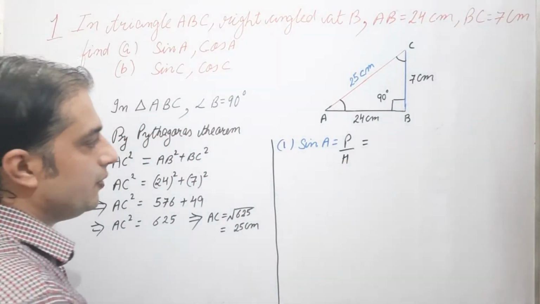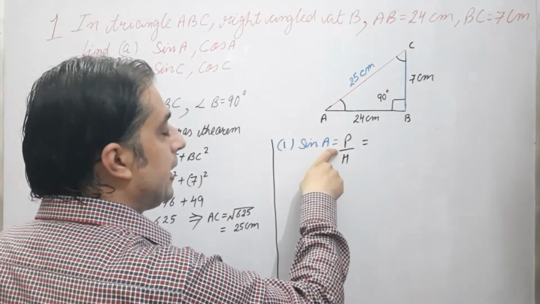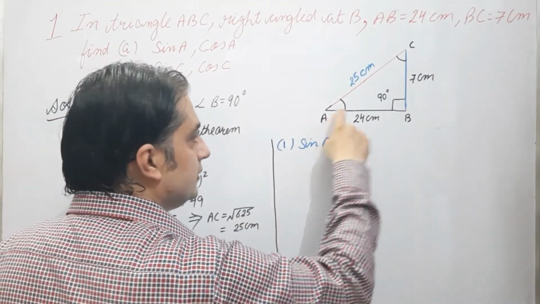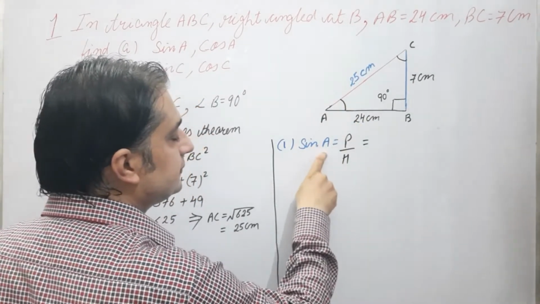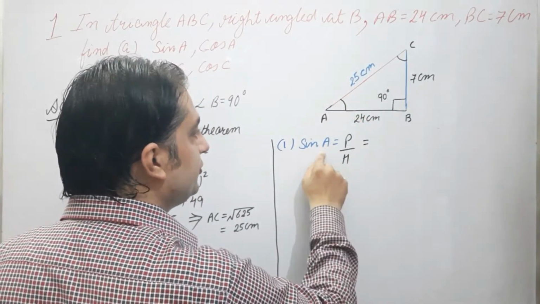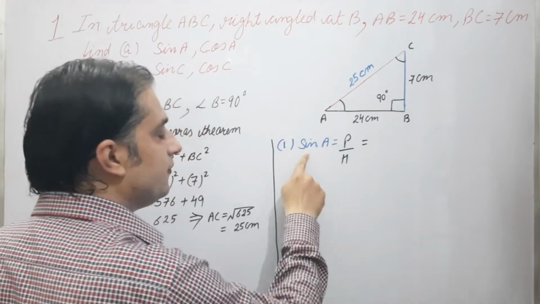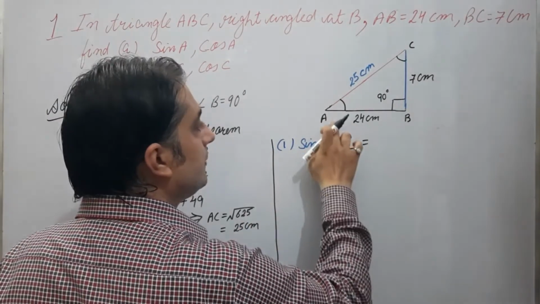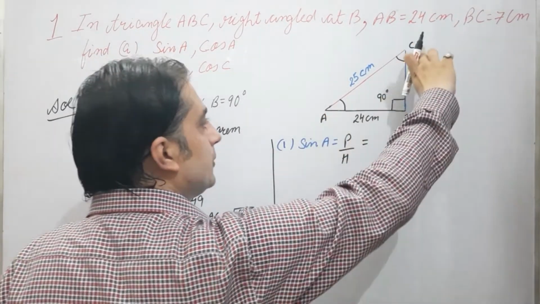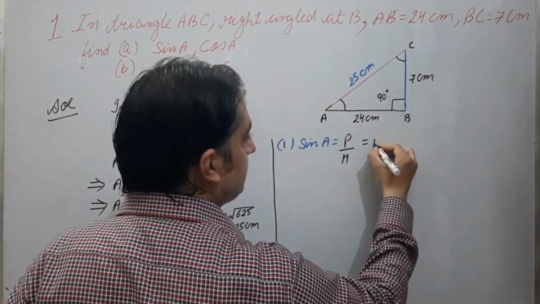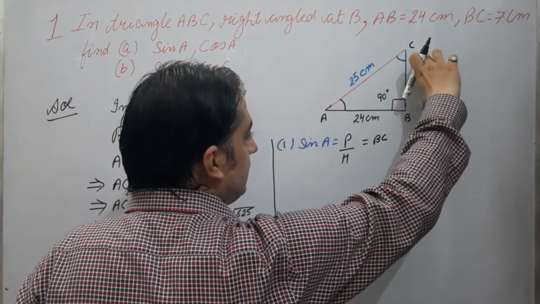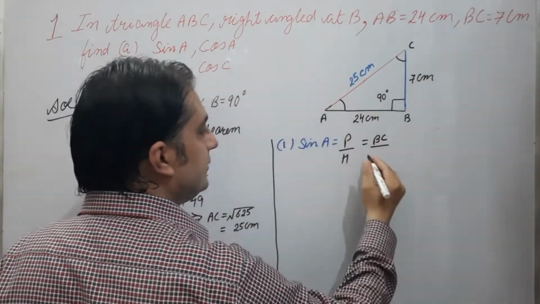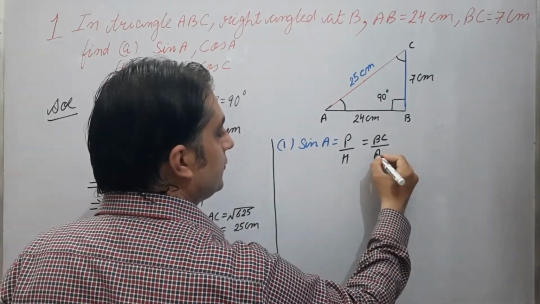Perpendicular by hypotenuse. The length of the perpendicular is the side opposite to the angle, here angle A, because we are defining T ratios for angle A. So the perpendicular is BC, which denotes the length of the perpendicular, and AC denotes the hypotenuse.